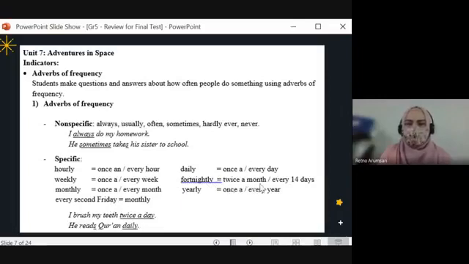Fortnightly is twice a month or every 14 days. Yearly, once a year or every year. Now, what about every second Friday? Why is it monthly?